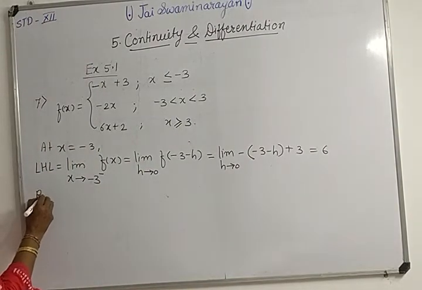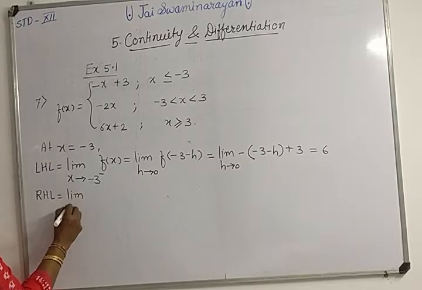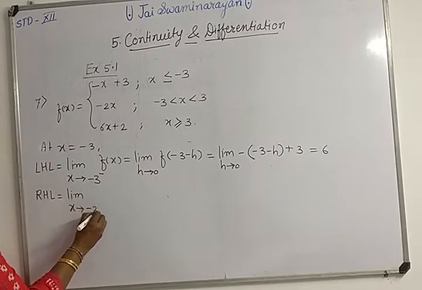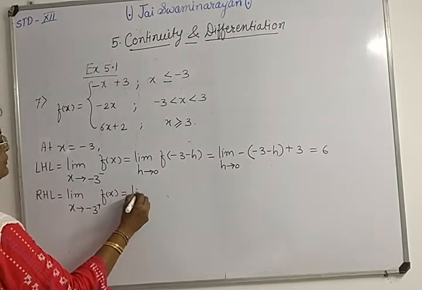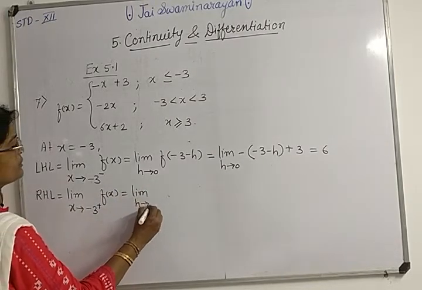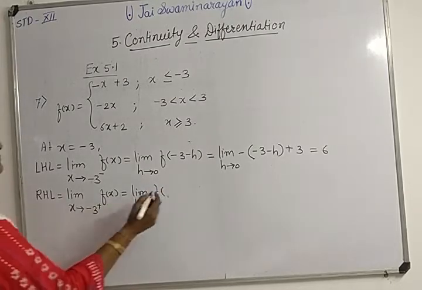Now right hand limit equal to limit as x tends to -3 positive of f of x equal to limit as h tends to 0 of f of -3 plus h.